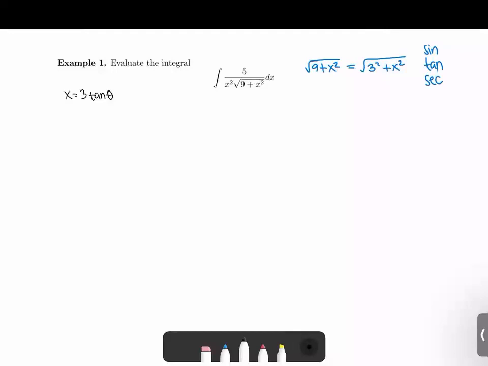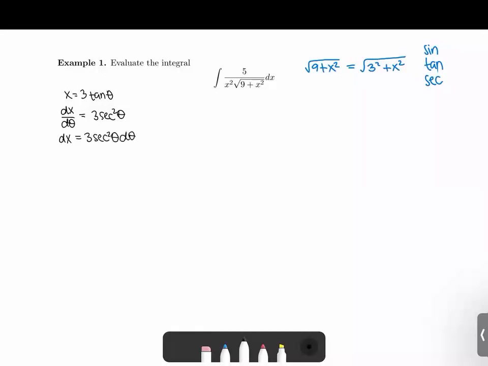This helps me rewrite my x, but because I'm using a substitution, I also need to figure out how to rewrite my dx. So I take the derivative of x in terms of theta. The derivative of 3 tangent theta is 3 secant squared theta, and solving for dx, dx equals 3 secant squared theta d theta.